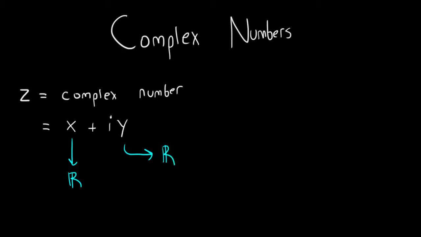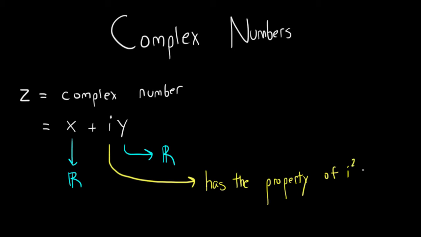So this is formed by the addition of a real number with another real number that's multiplied by something over here. And with i, we need to know that i has the property that i squared is equal to -1. So that's essentially what we need to remember about this.